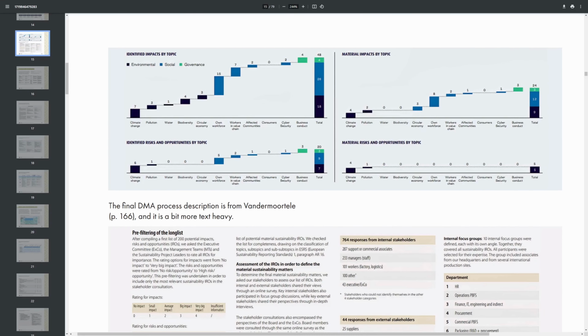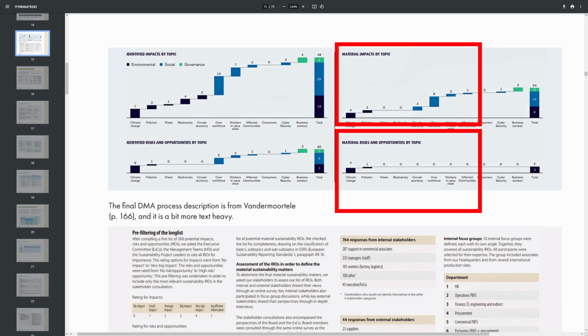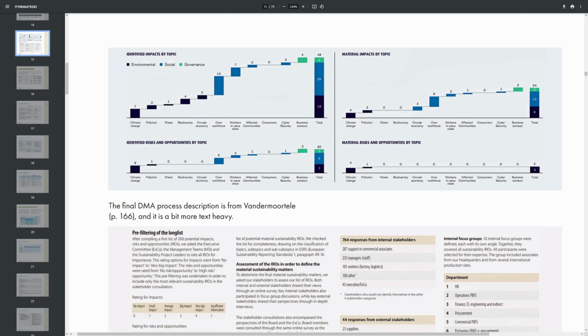They have also separated risks and opportunities, that is the financially material matters, explicitly from the impacts. This is solving the problem of trying to display financially material matters and impact material matters on the same scales. They don't have to invent some weird normalizing scale to show these two things. They are keeping them separate from each other.